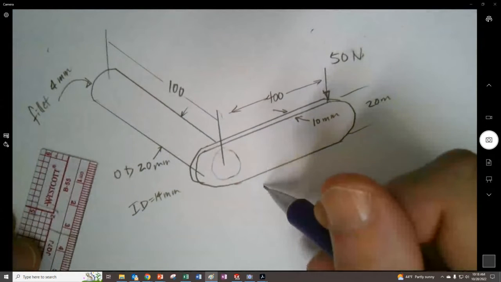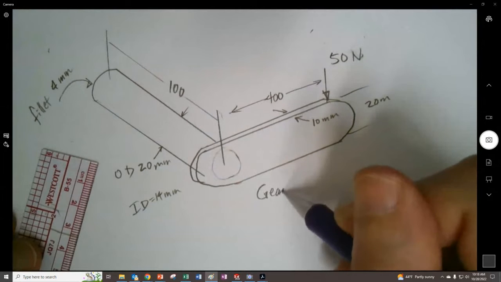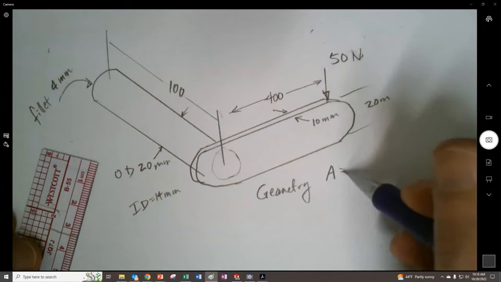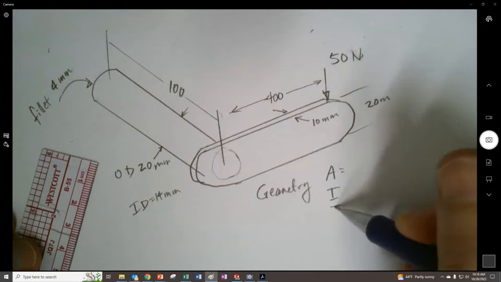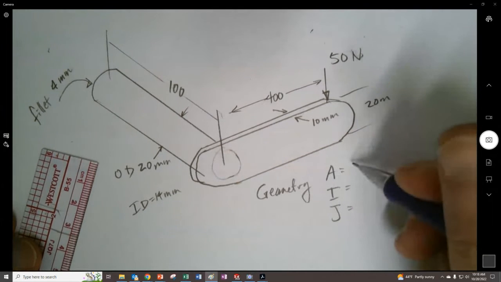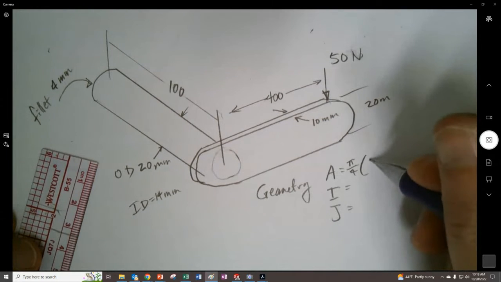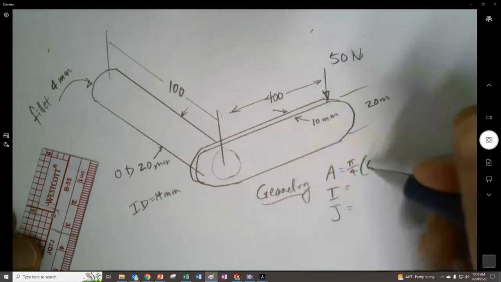So first thing to do, I'm going to go for the geometry. This is usually not something I ask on exams because I try to make them time-saving, but in real life we would need to do that geometry first.